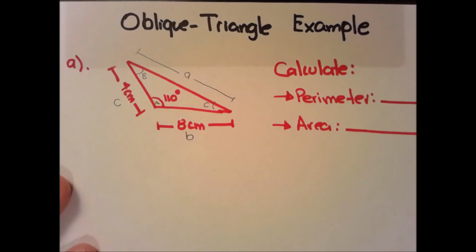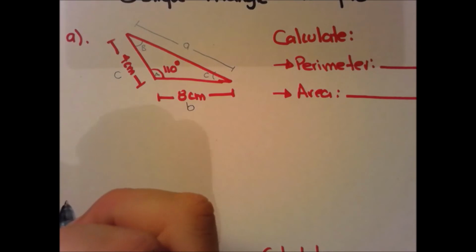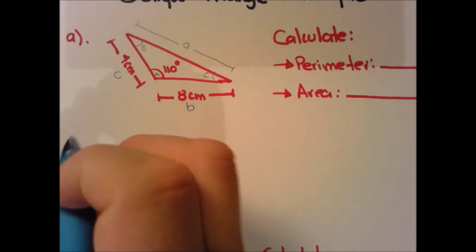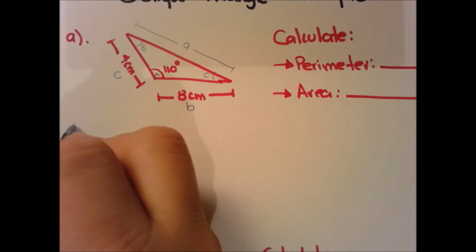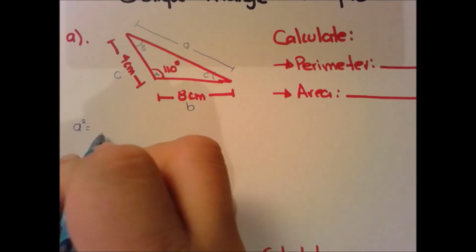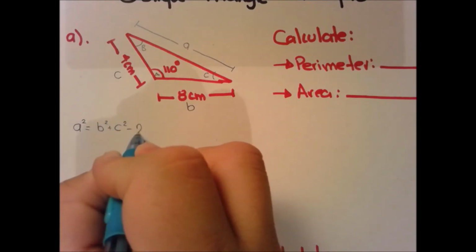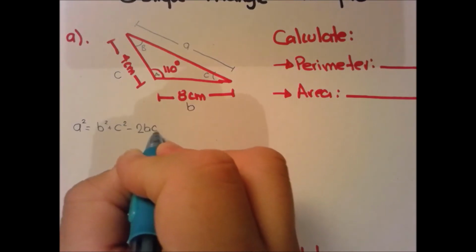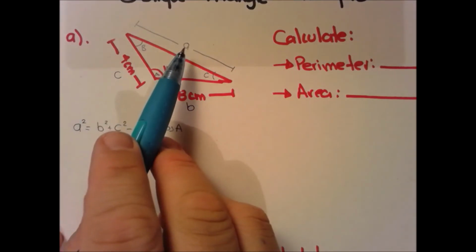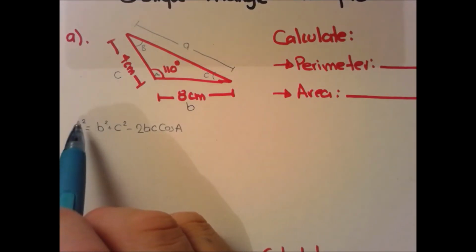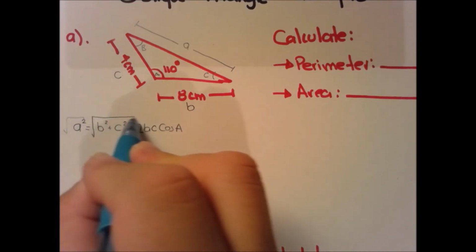Remember, if you want to calculate it with the law of cosines, in that case I want to calculate a, so a squared is equal to b squared plus c squared minus twice bc cosine of A. But I don't want a squared, so to eliminate the square I use a square root here and a square root here.